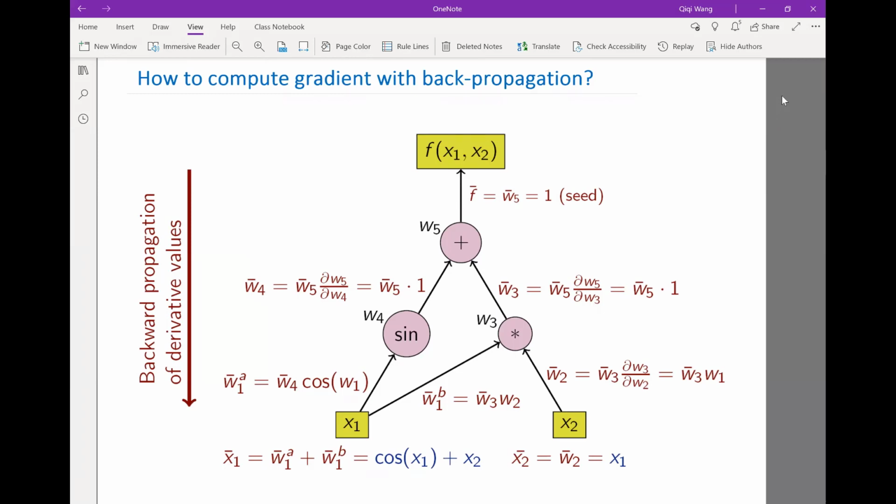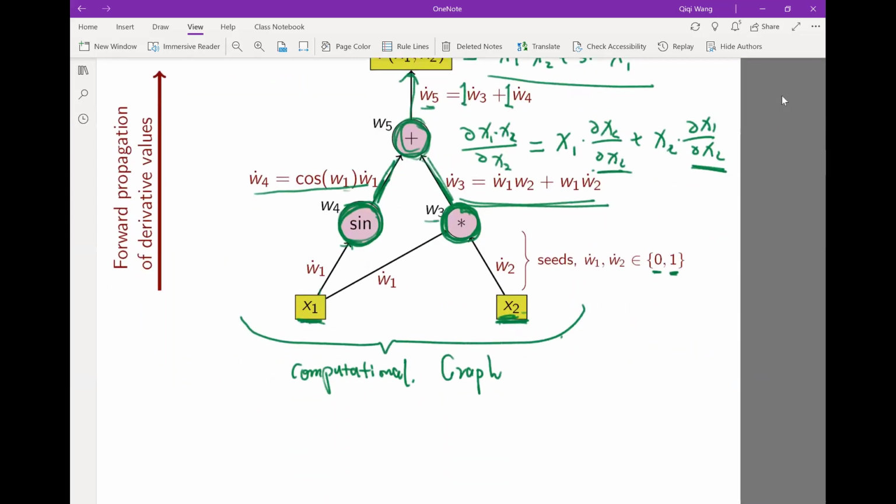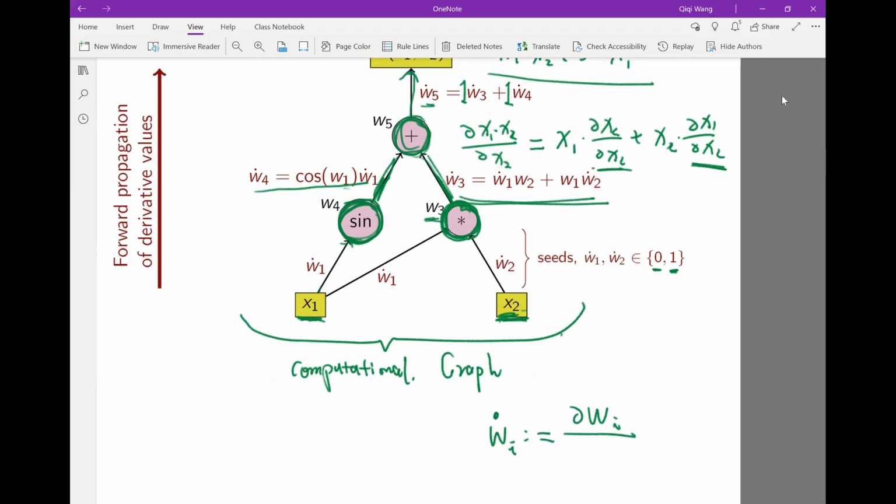So remember, in forward propagation, if I have W3 being the output of the product, my Wi dot is defined as the derivative of Wi, the ith intermediate variable, with respect to the quantity I want to differentiate, for example, x2 in this particular case.